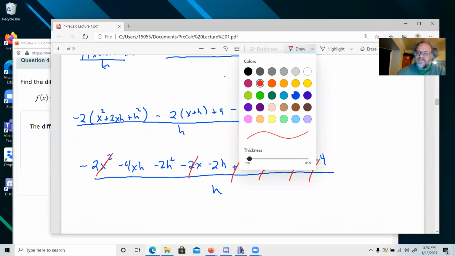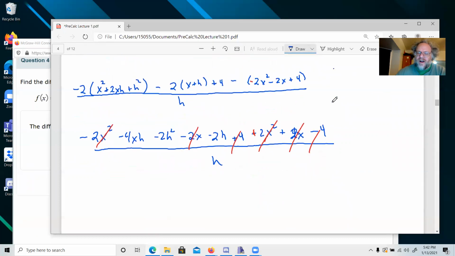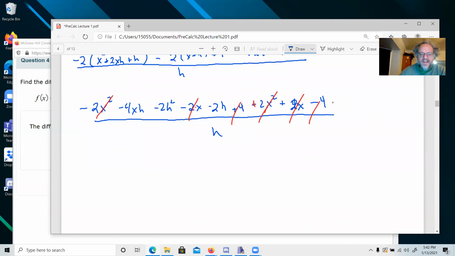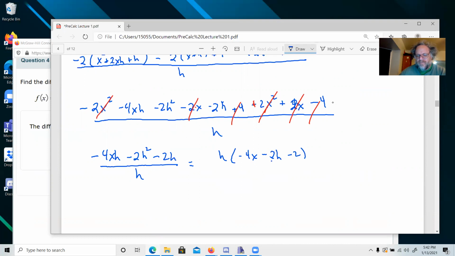But it's still not the funnest problem because we took a while to get here. So we have -4xh minus 2h squared minus 2h. Did I catch everybody? I think I did. All divided by h. Goal is to cancel this. So what's going to happen here is we have h times negative 4x minus 2h minus 2, right?